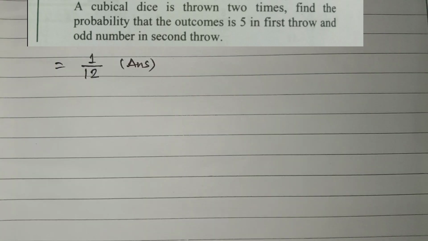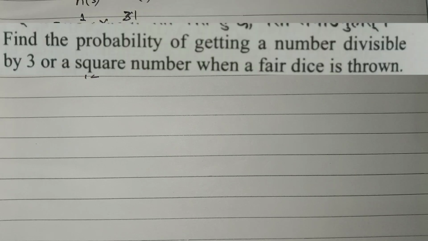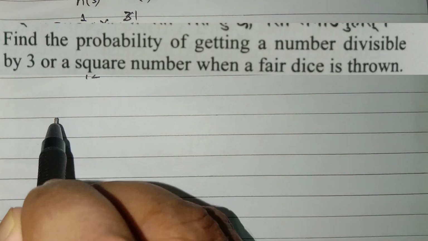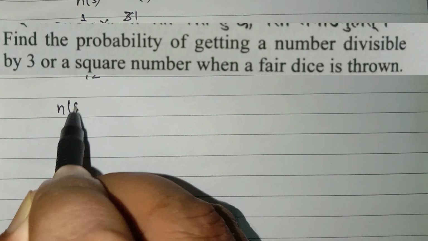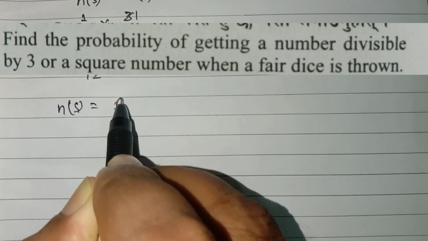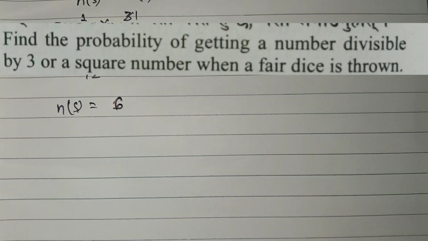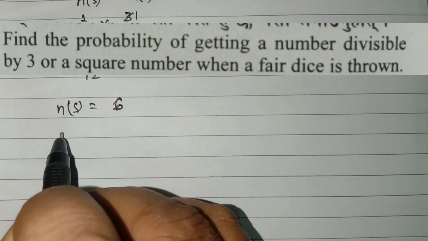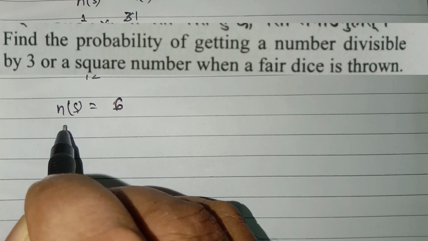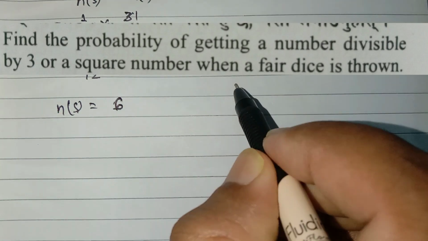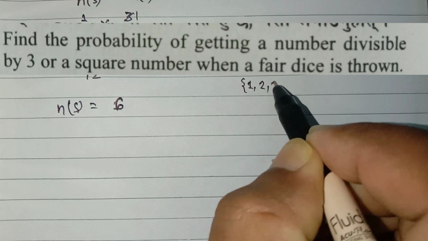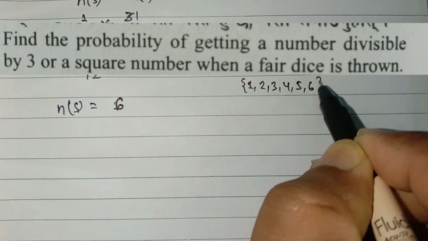Our second question is: find the probability of getting a number divisible by 3 or a square number when a fair dice is thrown. So let's check that in a dice, the number of samples is always 6, and the possible outcomes are 1, 2, 3, 4, 5 and 6, right?